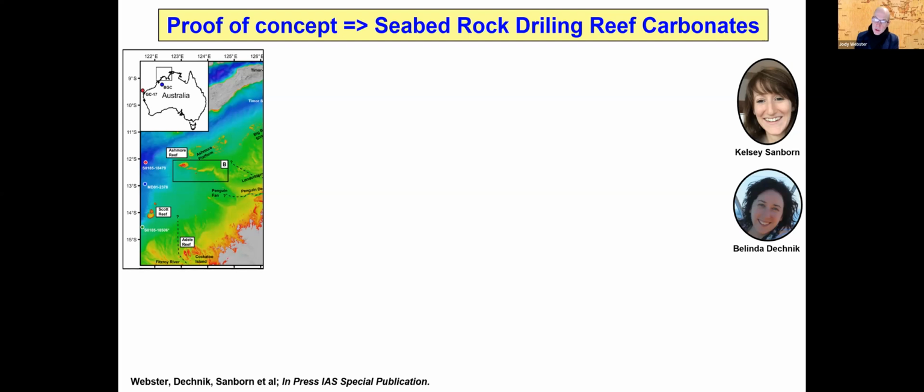And as part of a proof of concept, our group has been fortunate enough to work on some fossil reef cores collected on the northwest shelf of Australia from shallower waters. These cores were collected in about 80 meters of water as part of a geotechnical study, but we were able to use them for scientific purposes, but also to really illustrate.